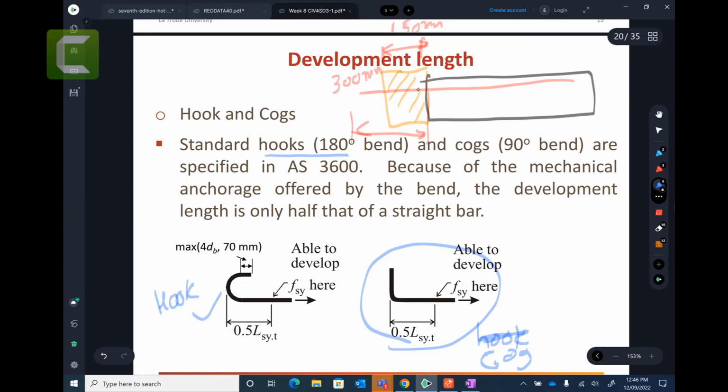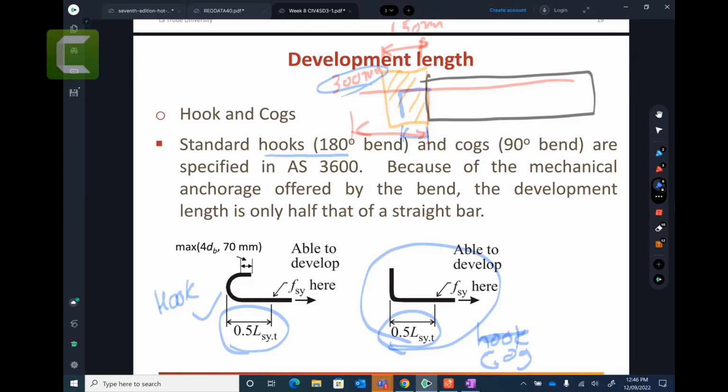Now in here, you need 300 millimeters, so you can either use this cog, or you can use the hook, and then you can reduce by 50%. So if you have a 130, you can reduce by 150. Here also you can reduce by this 50%.